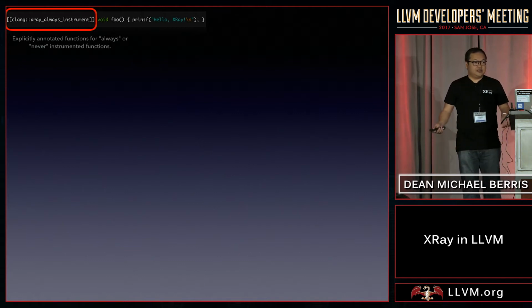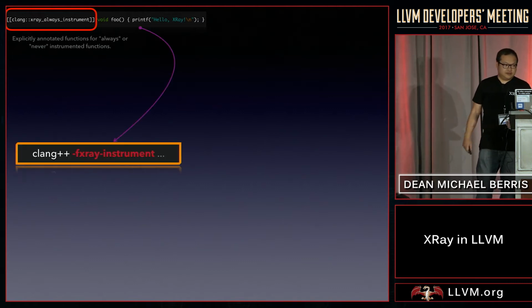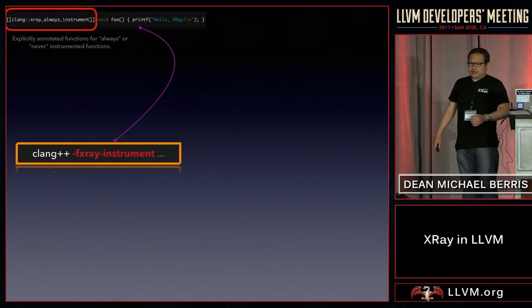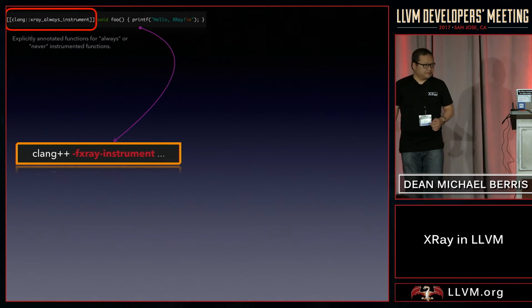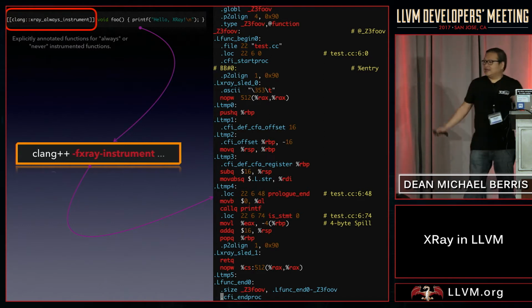So this is C++11 attributes, and this is supported by Clang, so that when you pass it through the compiler using that magical flag in red, -fxray-instrument, we are going to create assembly, yay.